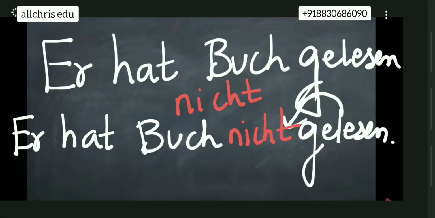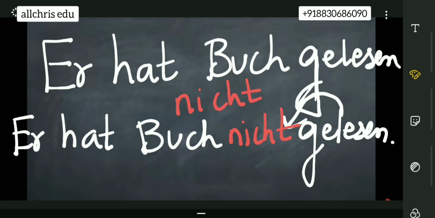Hat Buch nicht gelesen. Hat Buch gelesen means he has read that particular book. So here he has not read that particular book. So this way the sentence meaning will be there.